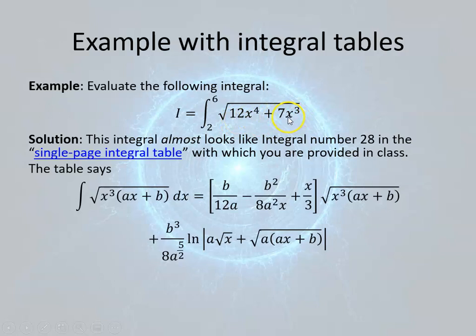You could factor out an x cubed, and that would be square root of x cubed times 12x plus 7. Well, that can be evaluated as long as you have your expressions for a and b. I said times 12x plus 7. Well, apparently a is 12 and b is 7. So all I need to do to evaluate this integral is plug in 12 for a and 7 for b in this particular expression.